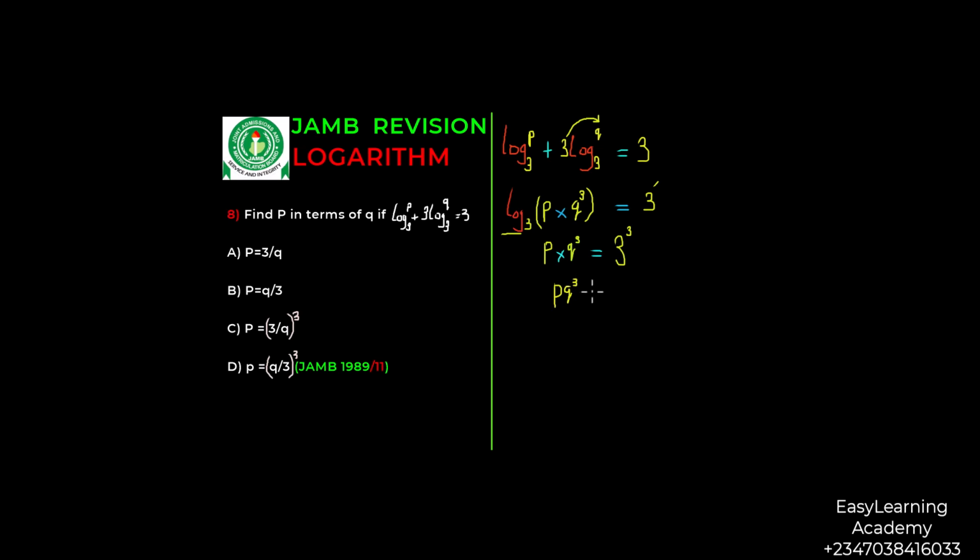Now this is equal to 3 raised to the power of 3. Now we want to make P the subject of formula because we are asked to find P. So we divide through by the coefficient of P, and that happens to be Q cubed. Dividing Q cubed by Q cubed, this will cancel and our P will be left alone.